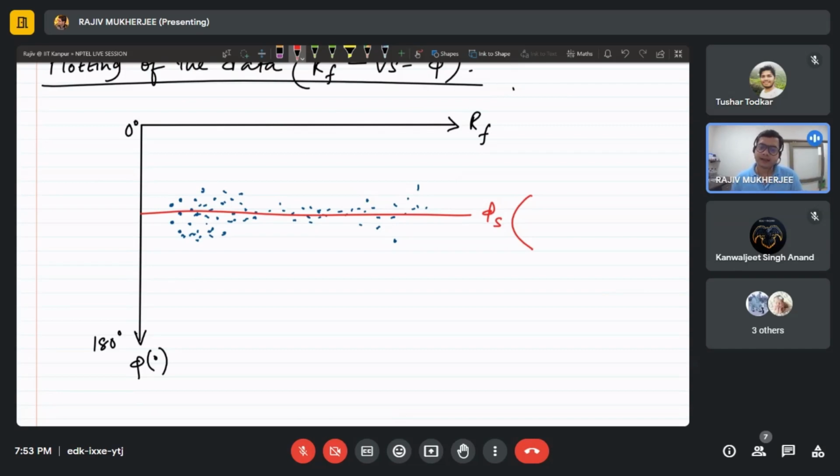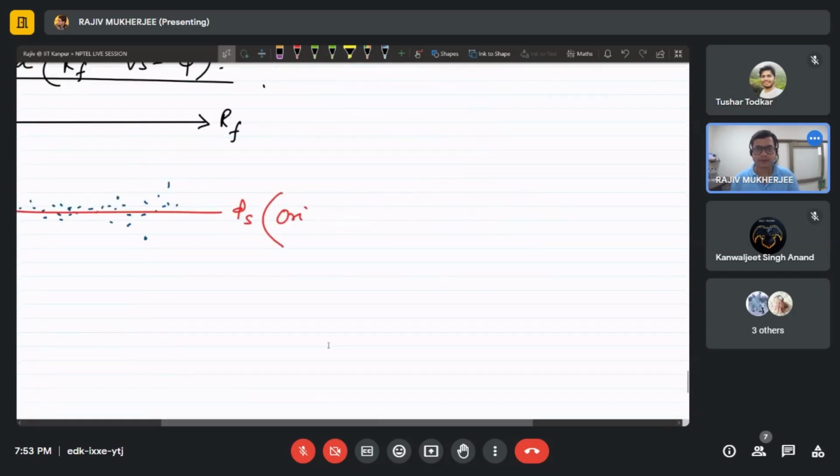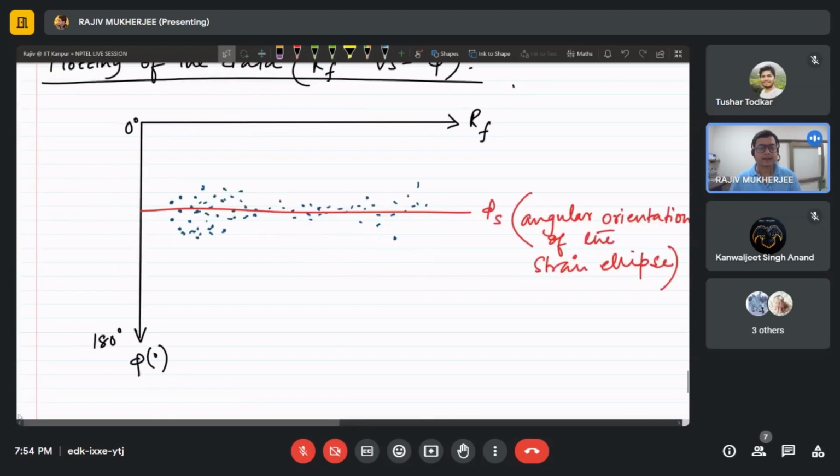So we can write it like this, that this is the angular orientation of the strain ellipse, right? So once you have this data, now you should observe where the cluster is lying. I can see that the cluster is lying here, the dominant cluster.